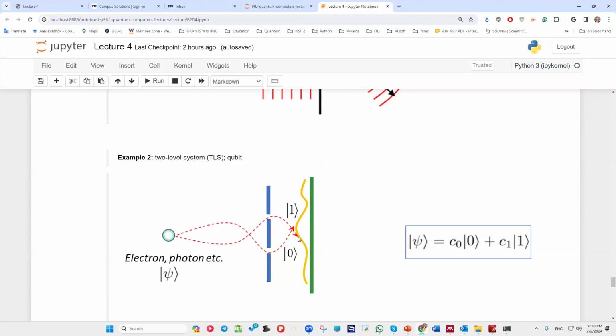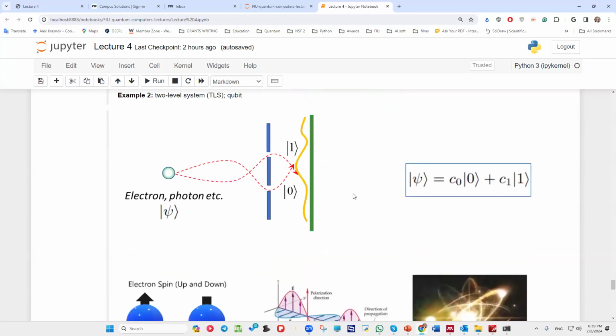And again, before we measure which path the electron has chosen for its move, we have to take into account both of them, but probably with different probability, which we will discuss, taken into account by these coefficients C0 and C1.